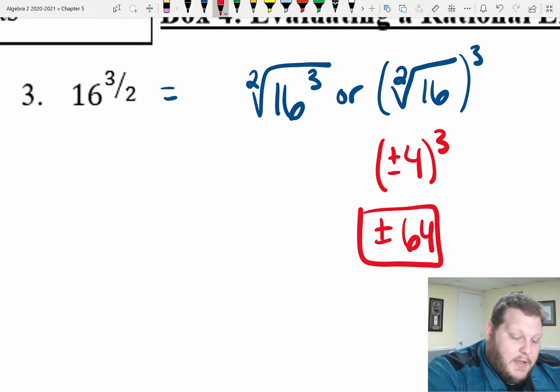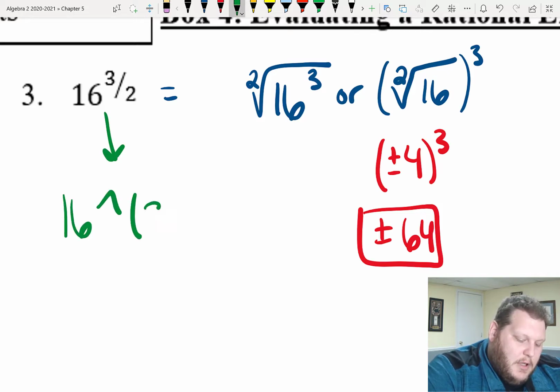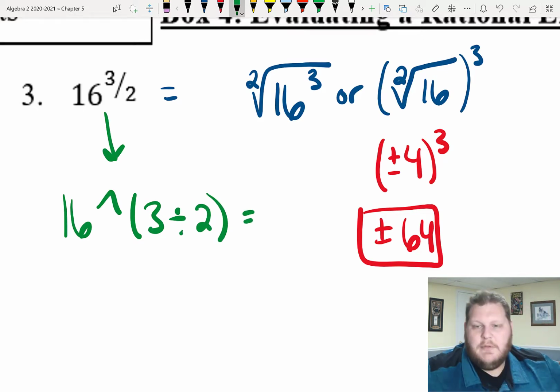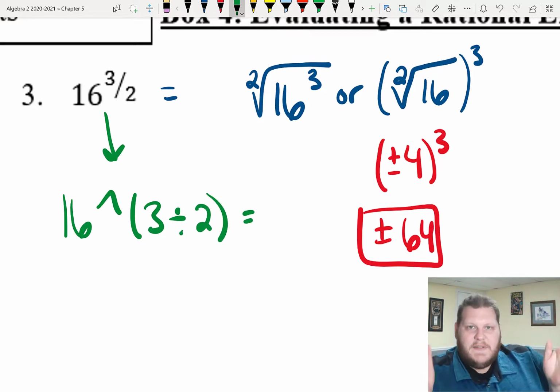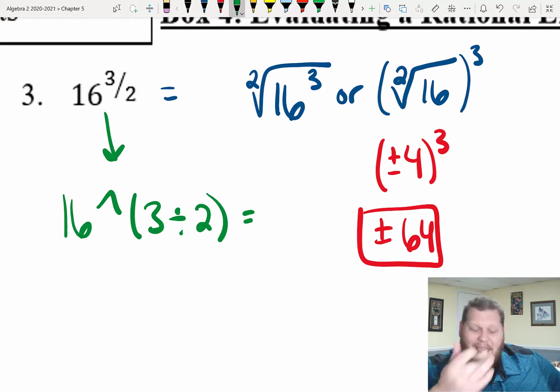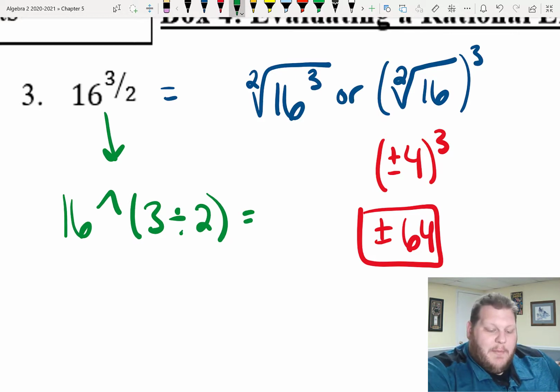If you wanted to go directly from what you were given, 16 to the 3 over 2 power, you can do that directly in your calculator by typing this in and hitting equals. 16 to the parenthesis 3 divided by 2, close my parenthesis, power, that'll give you plus or minus 64. Actually, in this case, I think it gives you just positive 64, so you just have to take a look and remember and realize that whatever the bottom of your fraction is, that's your n, that's your root.